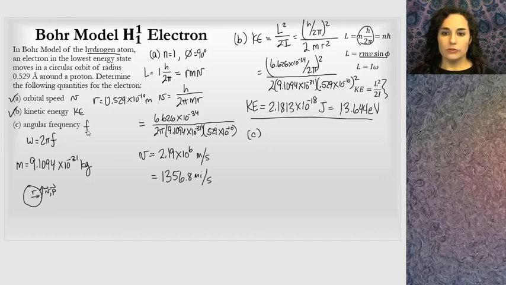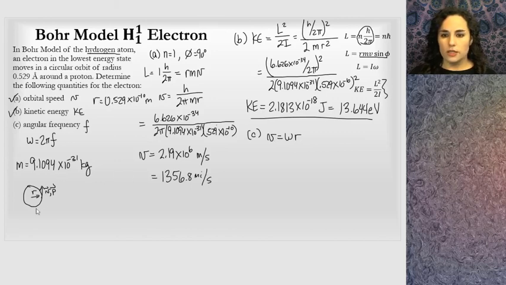The angular frequency f, which is the omega term here, 2 pi f. Well, it seems like there's multiple ways to get to it. I wrote down L equals I omega. We could use that. We know that velocity equals omega r, and that may be the easiest one.